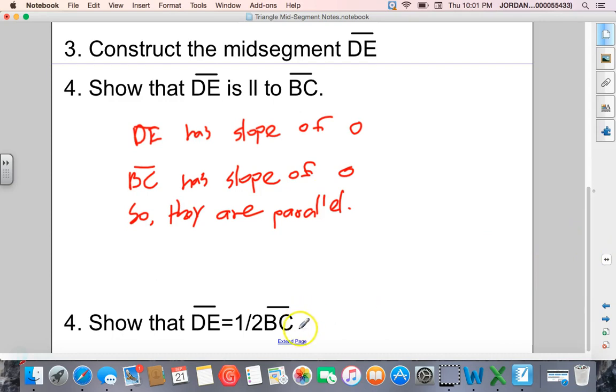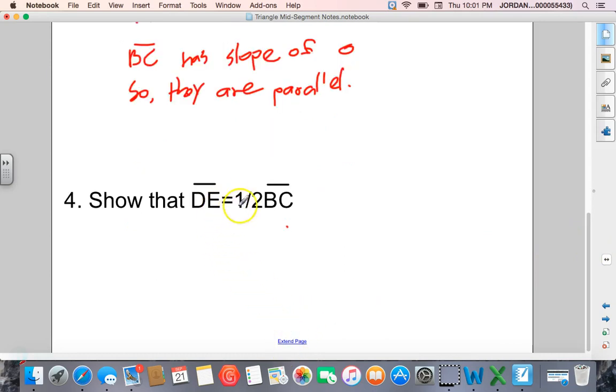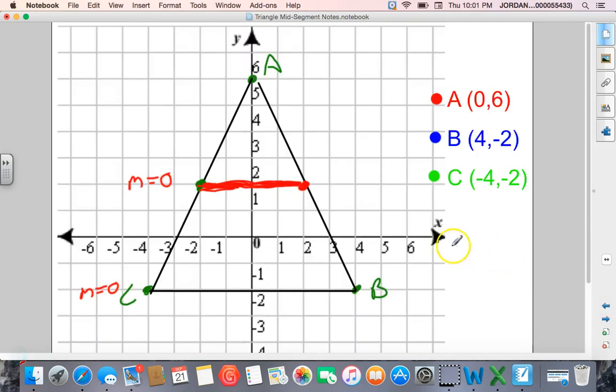All right, now the last step is to show that DE is half of BC. So we want to show that the mid-segment is going to be half of the third side. Well, right here it's real simple because the mid-segment and the third side are lying along the lines of the graph, so we can just count.